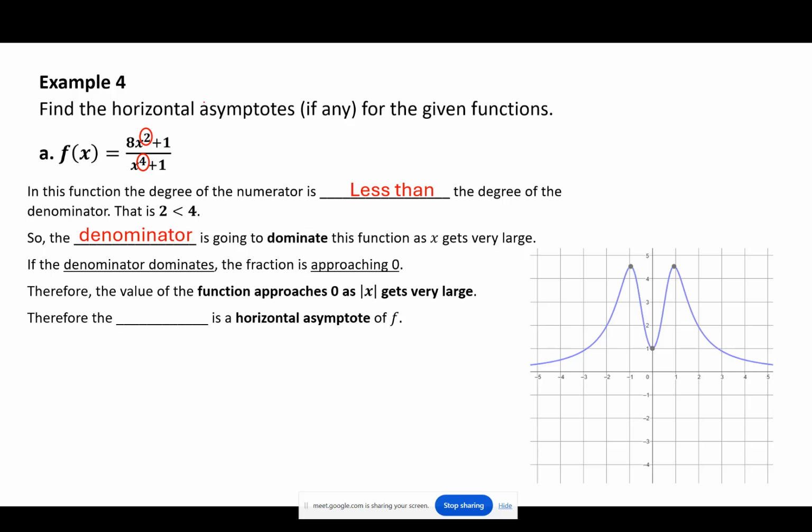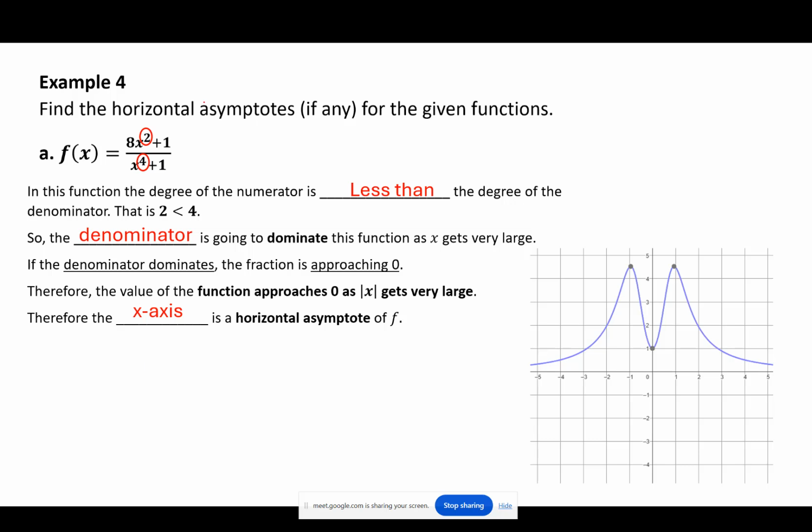So if the denominator starts getting huge compared to everything else, then the actual function itself is approaching 0. Therefore, the value of the function approaches 0 as the absolute value of x gets very large, and therefore the x-axis is going to be your horizontal asymptote.